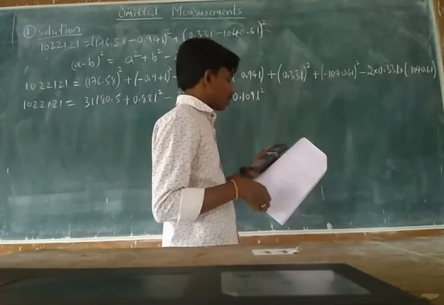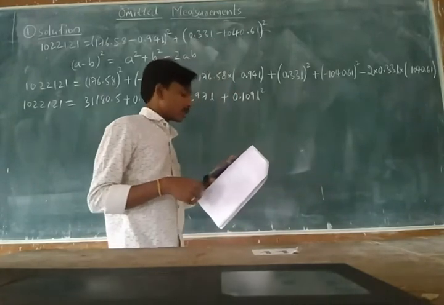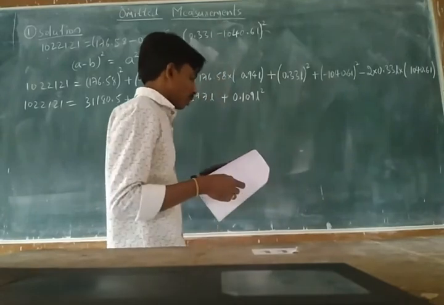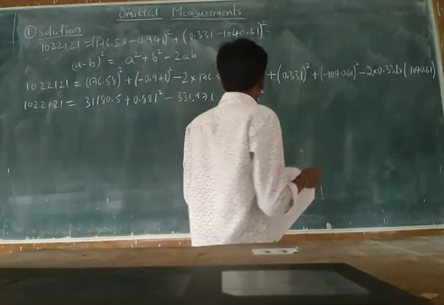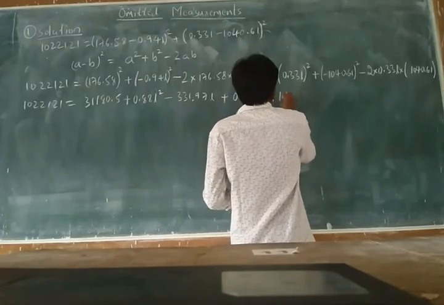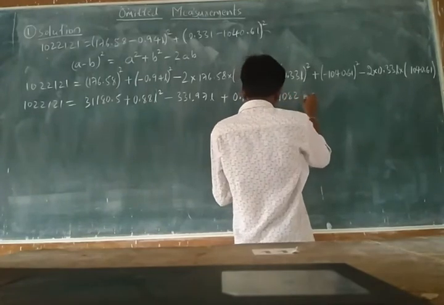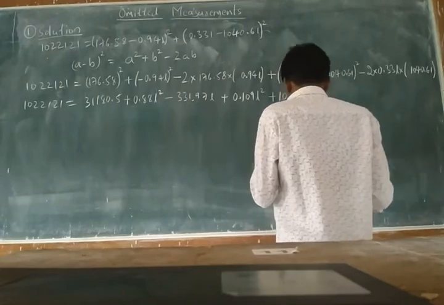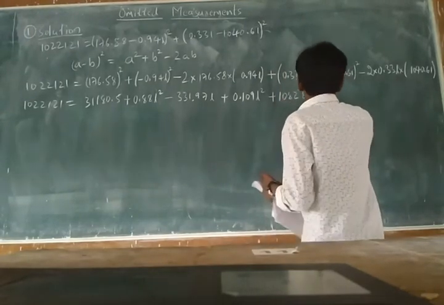So that becomes 1082,869.172. So write the same thing here: 1082,869.17.